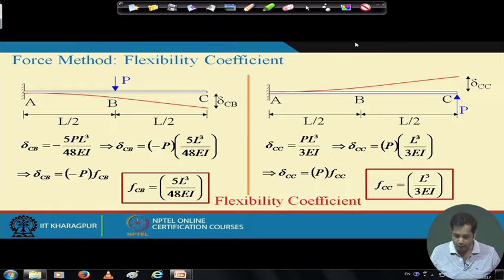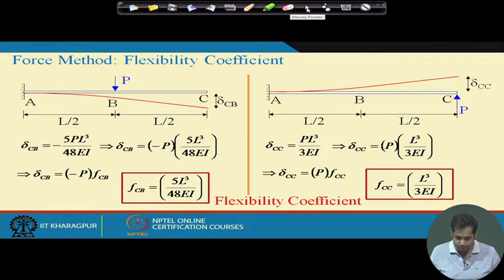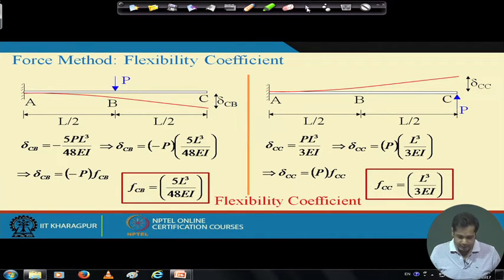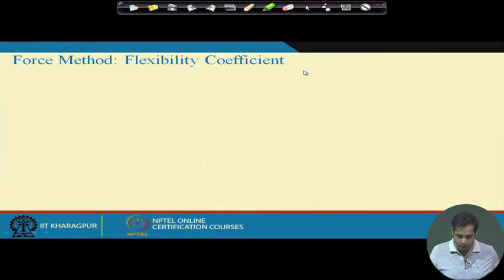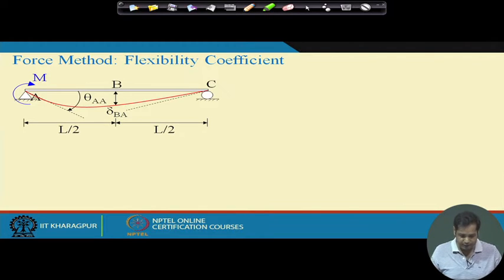Okay. Now, let's see in more detail, let us express this flexibility coefficient through another example.